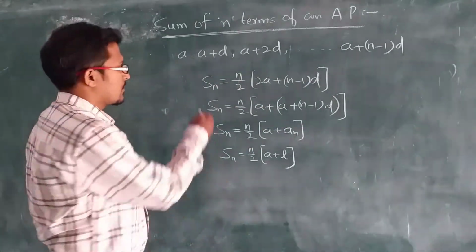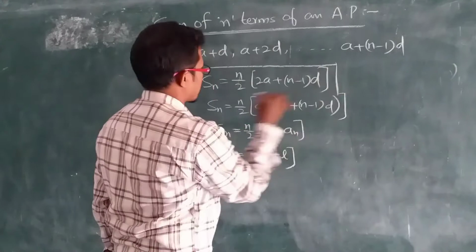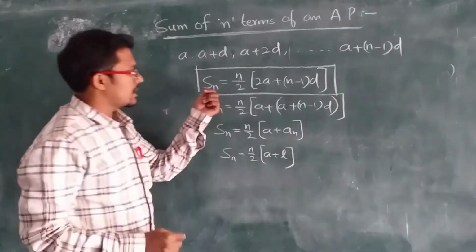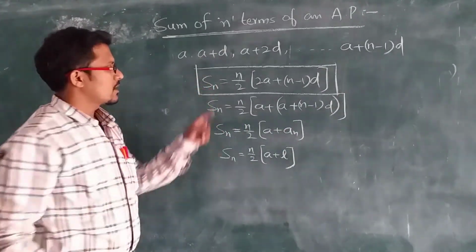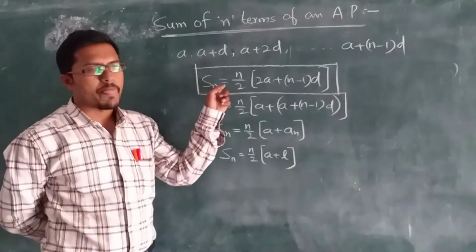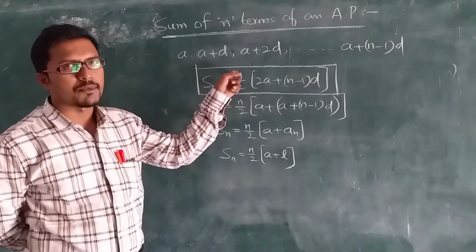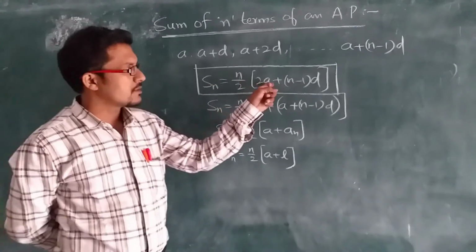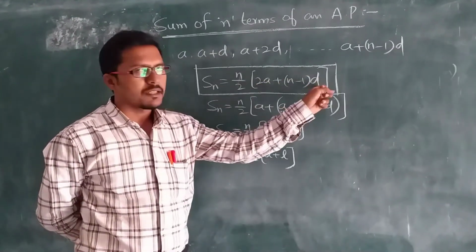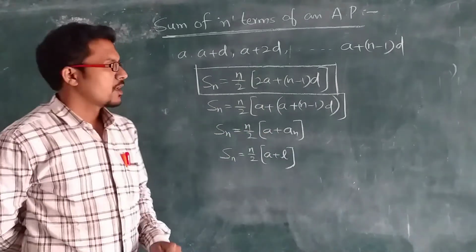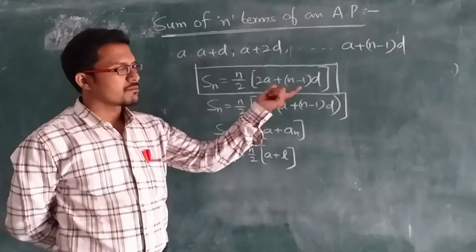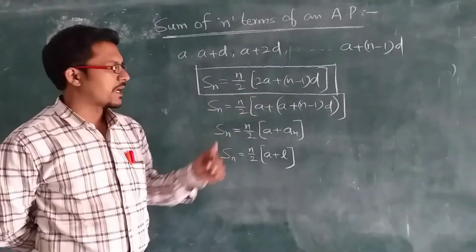What is meant by Sn? Sn means the sum of n terms. We already know that n is the number of terms, a is the first term and d is the common difference. If we know these, we can easily find the sum of n terms.